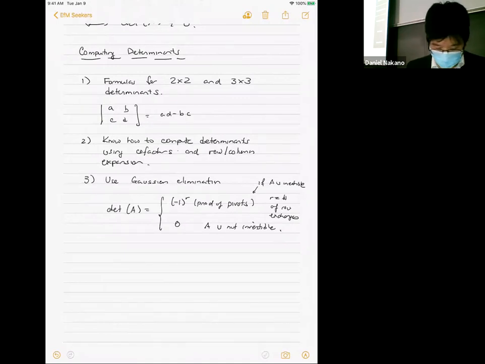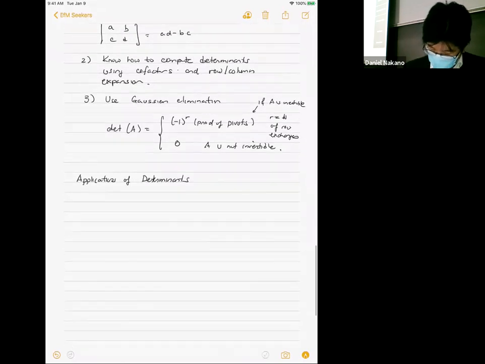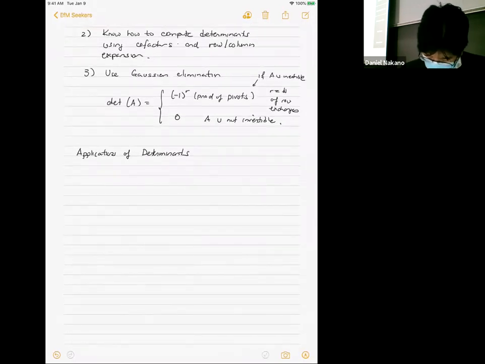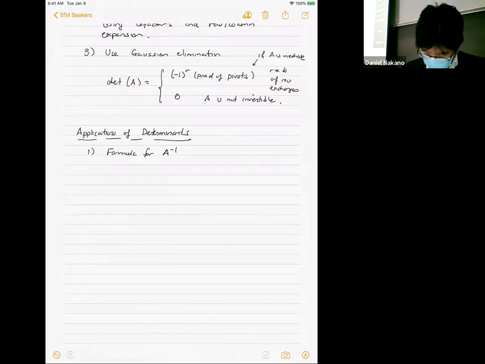Now, what are determinants used for? Let me call this applications of determinants. One application is a formula for the inverse of a matrix. It turns out that you can write the inverse out using cofactors.